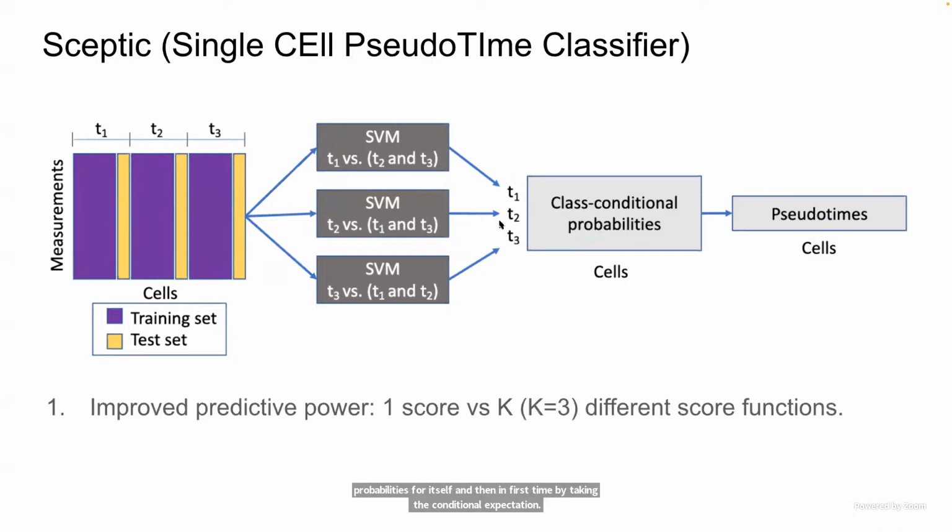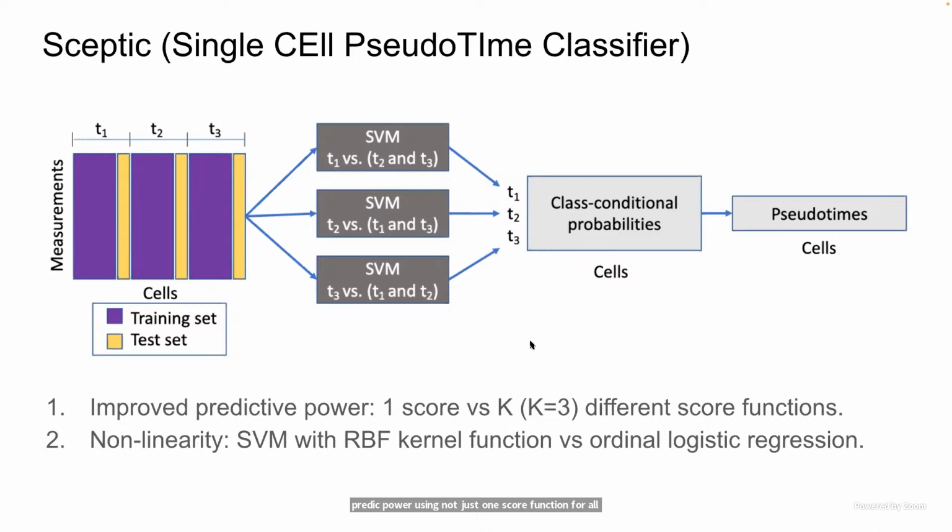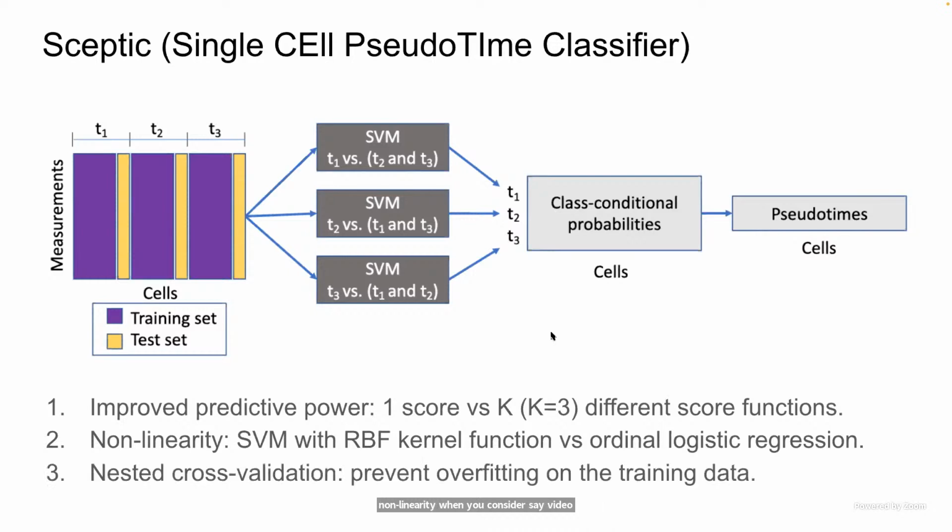Compared with the previous model, we improve our predictive power by using not just one score function for all different classes; we adopt k different score functions. Also our SCEPTIC model allows for nonlinearity, when you consider, say, a radial basis kernel function to generate nonlinear decision boundaries.